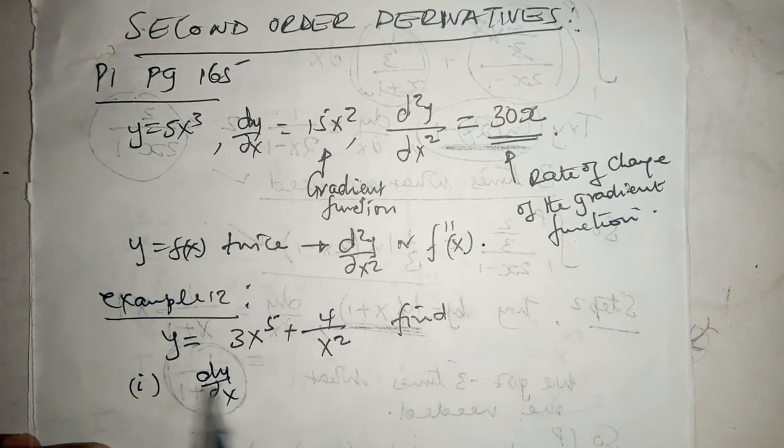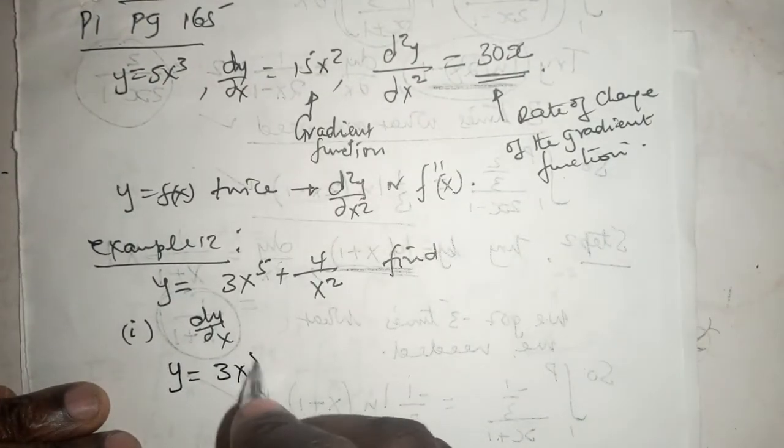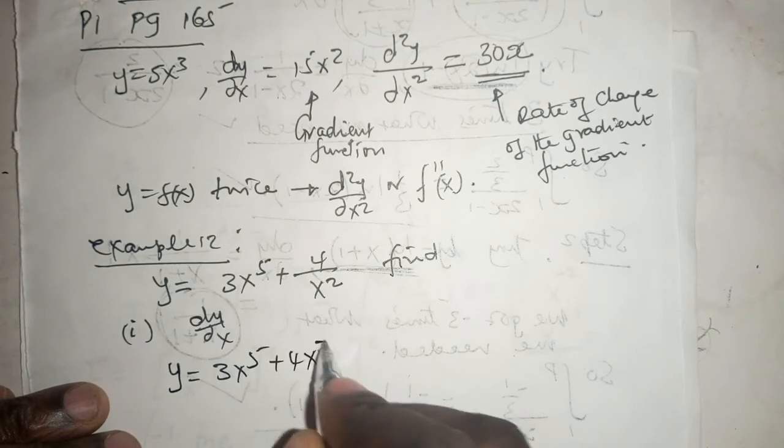Of course, before we do it, we cannot differentiate with respect to a variable that is in the denominator position. So the very first step is to write y equals 3x^5 plus 4x to the power minus 2.